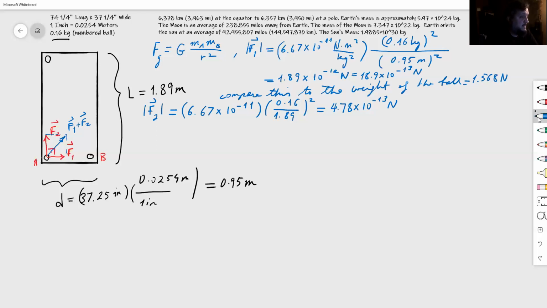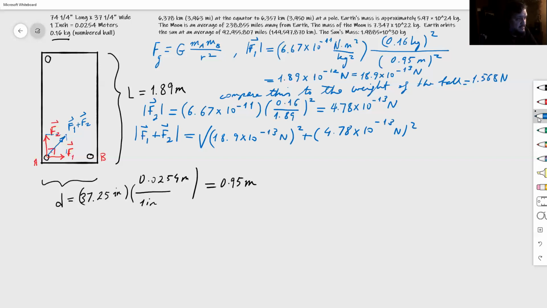So F1 and F2, when added, will have a magnitude of 18.9 times 10 to the negative 13 newton squared plus 4.78 times 10 to the negative 13 newton squared.